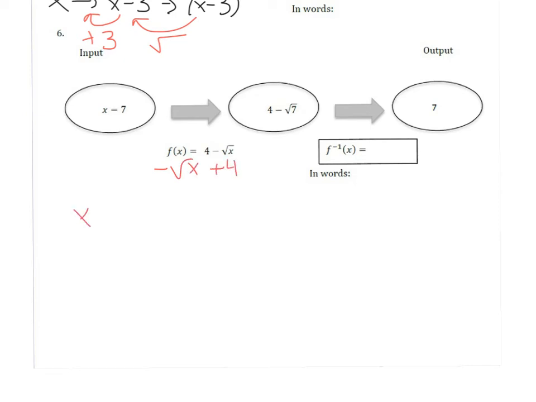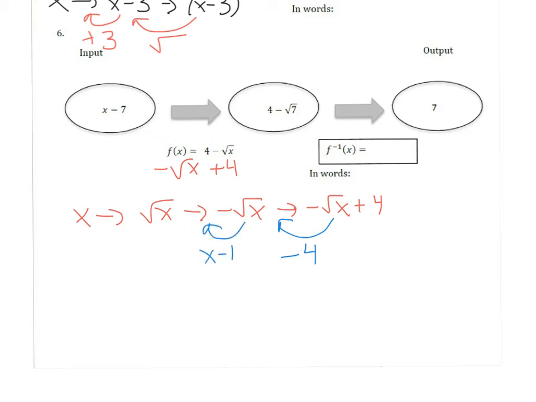So first we had x, then we square rooted it, then we multiplied by negative 1, and then we add 4. So to go backwards, we're going to subtract 4, we're going to multiply by negative 1, and then from here we'll square it.